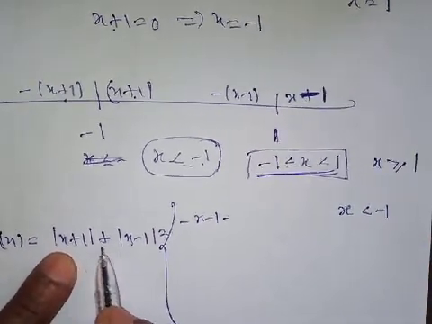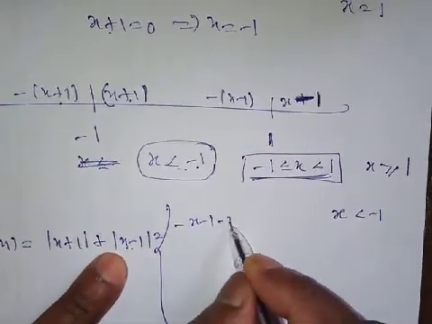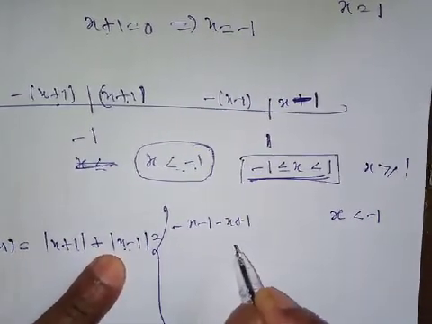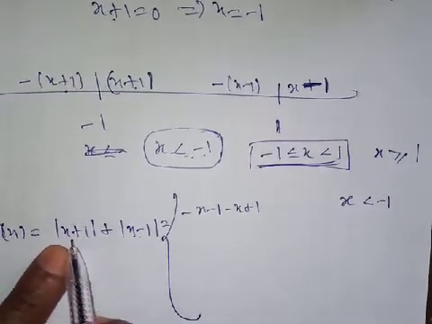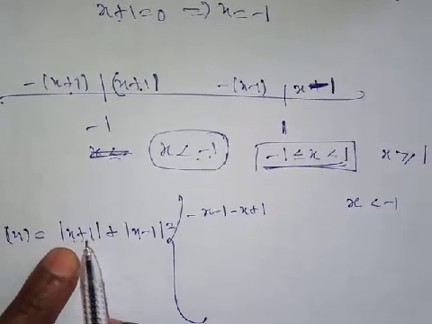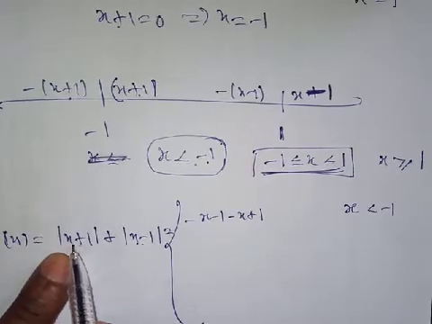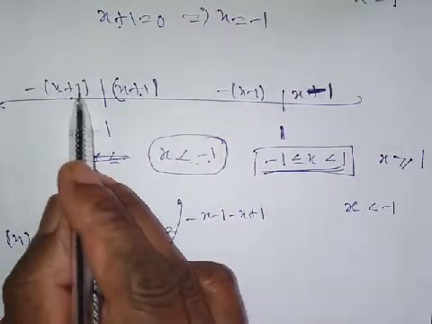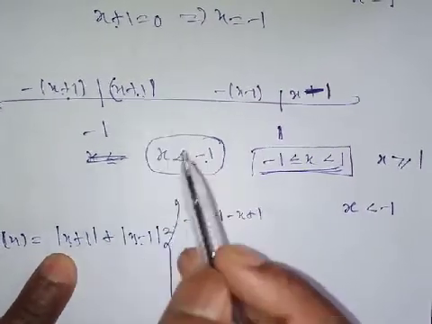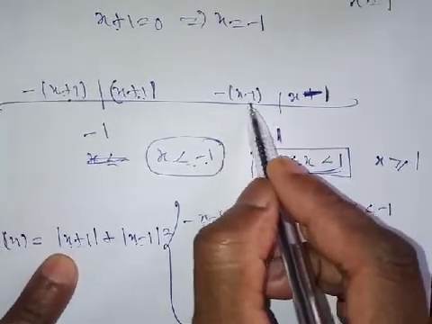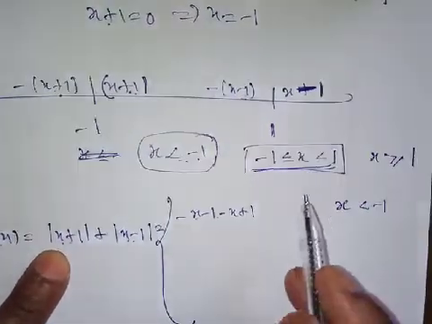Okay, and then this will also be taken as minus, so multiply with the minus sign, so minus x plus 1. Got it? Again you see this is less than, so it has to be taken as minus, so it will be taken in the bracket minus x plus 1. So if you multiply with the minus sign here, so minus x minus 1, and this will be taken as x minus 1. Here we have to do, is it? It will be taken as minus of x minus 1 for this function.